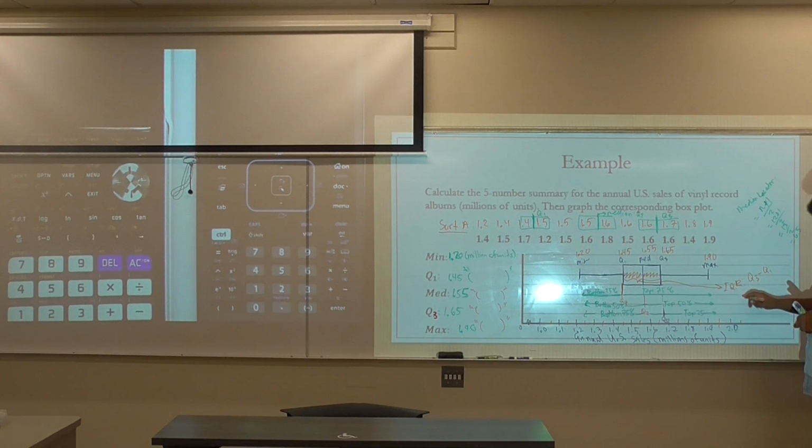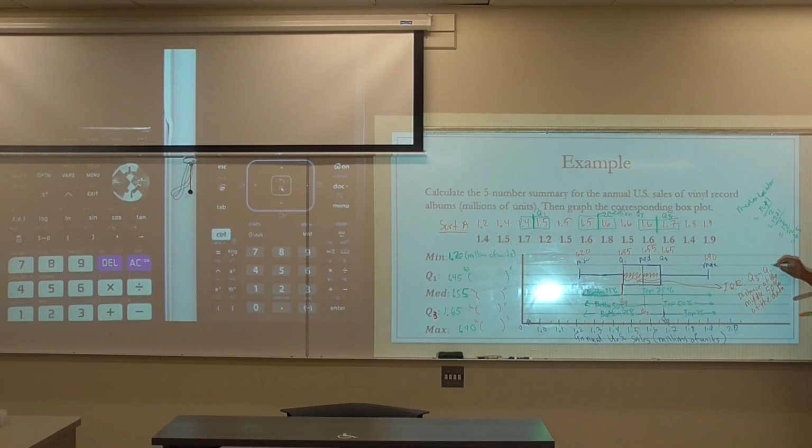So that's all it is. It's the distance of the middle 50% of the data. That's what IQR is, and it's found by subtracting the two.